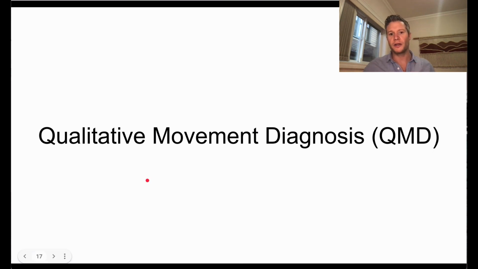Okay. Qualitative movement diagnosis. This is going to be a cornerstone or foundation as to what you build your models off of and around. Okay? So a lot of the QMD, as the name suggests, is qualitative.